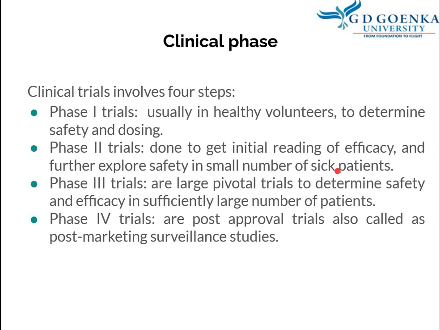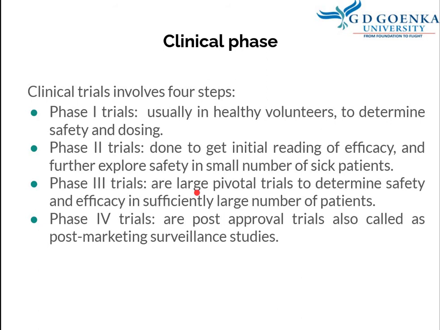Thereafter, successful phase 2 documents and reports are filed to obtain permission to move to the next stage of clinical study on a wider population of patients, that is also known as phase 3 trials. These are large pivotal trials to determine safety and efficacy in a sufficiently large number of patients.